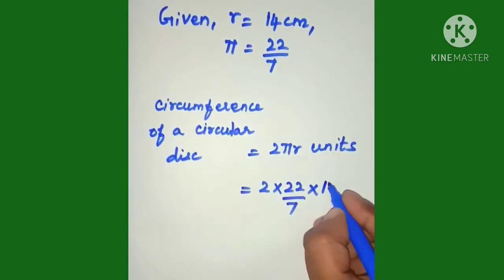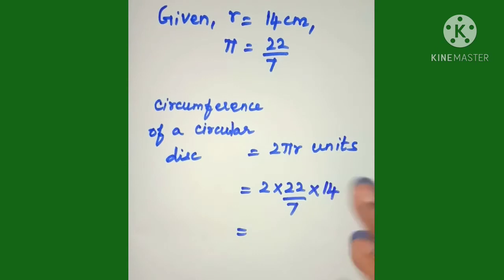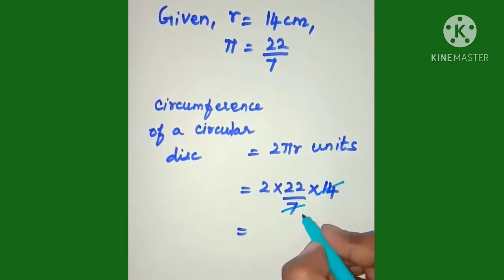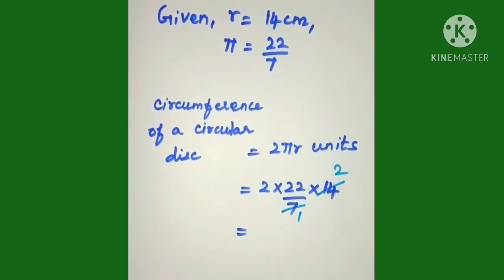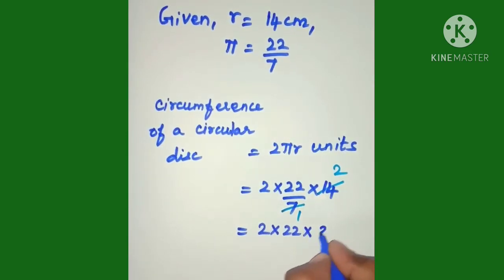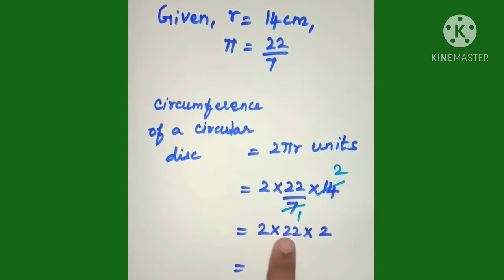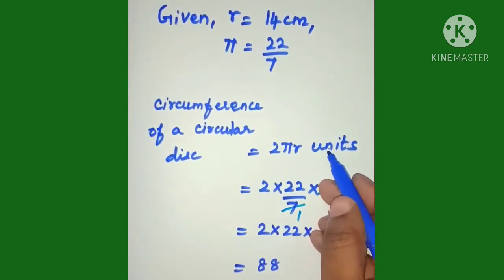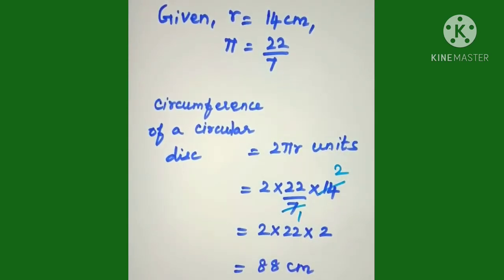That is 14 and the unit is centimeter. And now cancelling 7 and 14: here 1 time, here it is 2 times. So now 2 into 22 into 2. Now multiplying 2 into 22, 44. 44 into 2 is 88. So the unit is centimeter. So the circumference of the circular disc is 88 centimeter.